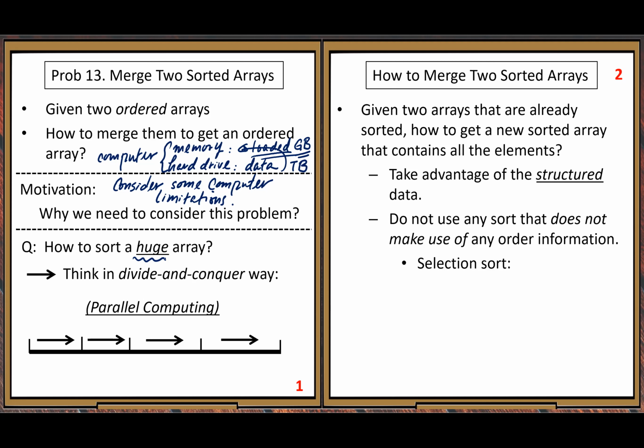But here, let us consider, based on our experience, we have learned three sorting algorithms: selection sort, bubble sort, and insertion sort. We want to borrow some experience from these three sorting algorithms, but we need to pick the right one. Which one can provide us some helpful experience?